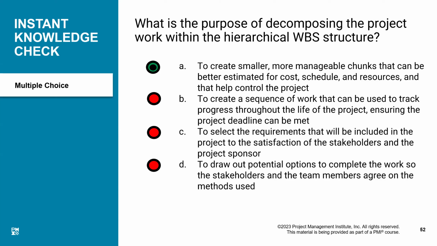Deadline is not the right approach here. What is the project deadline? That is not relevant for the time being. We are establishing the scope, right? So A could be the best option. B has a problem at the end of the statement, ensuring the project deadline can be met. That is not what you are doing. And this is better, to help control the project. That is the purpose of the WBS.